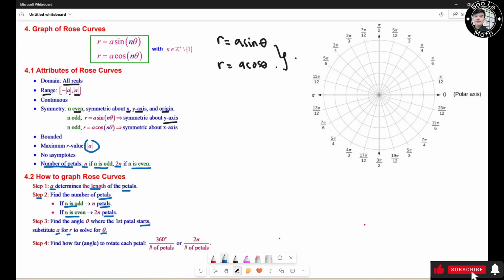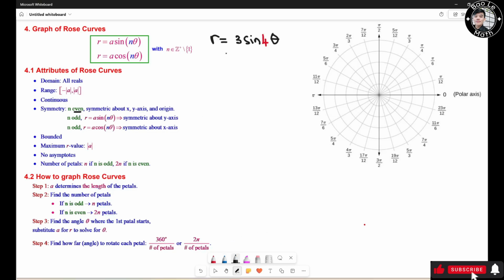Now let's take a look at the first example. r equals 3 sine 4 theta. Step number 1, the value of a determines the length of the petals. So the value of a in this situation equals 3, which means the length of the petals should be 3 units, which means 3 circles.